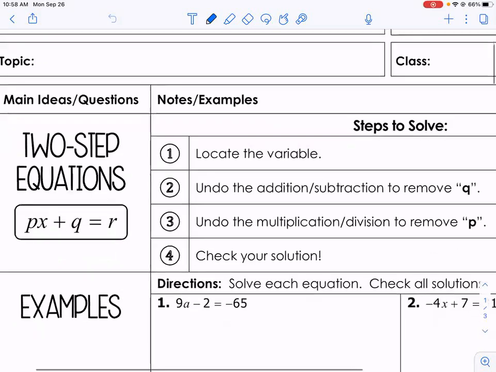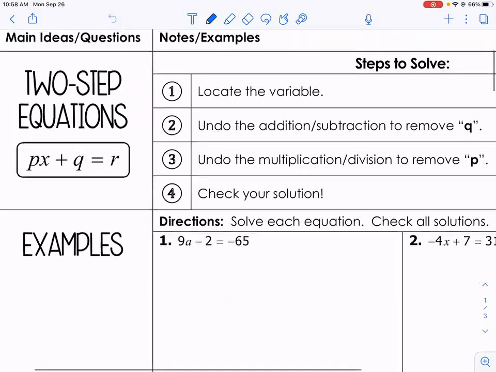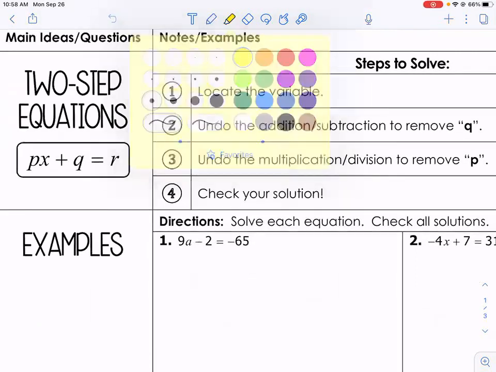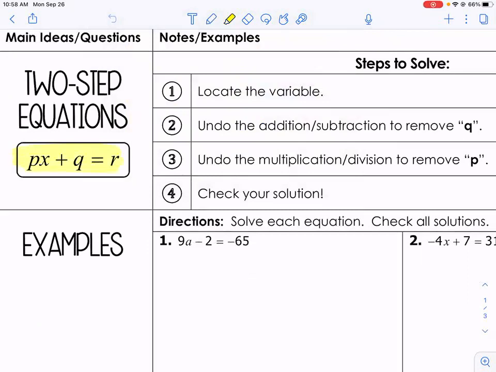Okay. Now we're going to break it up into a couple different days. For the first day and a half, I want to focus on problems that look like this right here. Okay. So we are going to have a number multiplied or divided to X. And then after that, we're going to have a number that's either added or subtracted.